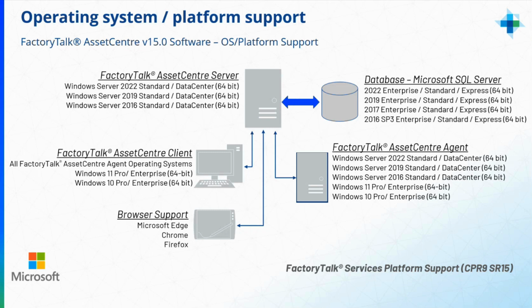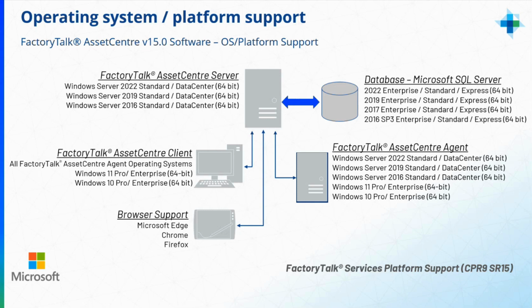This is going to be running on a Windows Server OS, so that you can connect to your repository database that's going to be running on an MS SQL server. The Asset Center server covers other jobs like handling and hosting those internal web services, handling security between different PCs. So jobs like that are what the server handles.